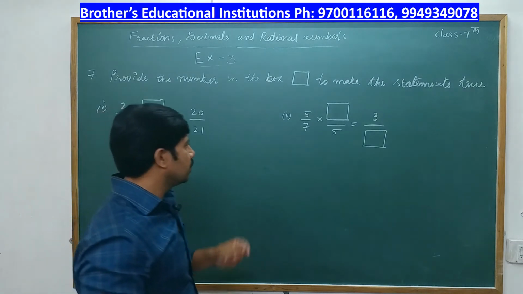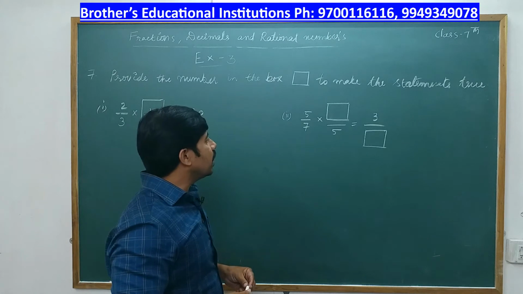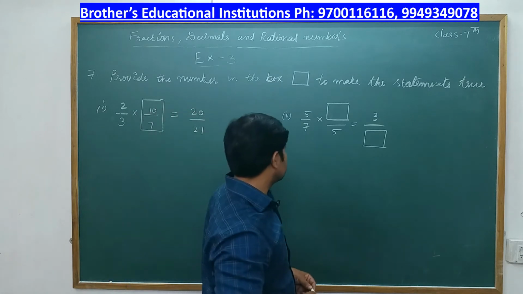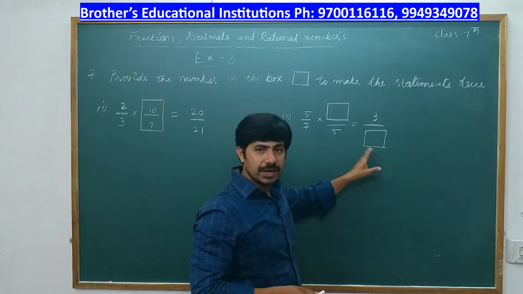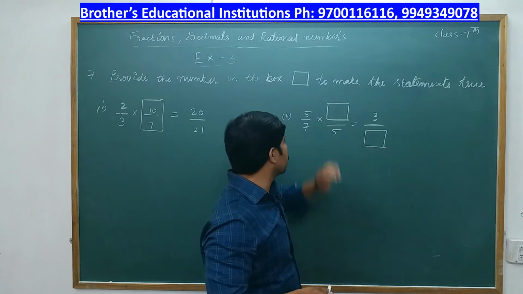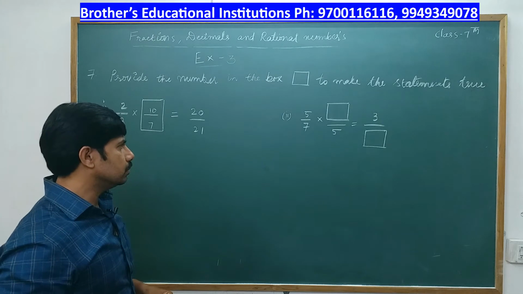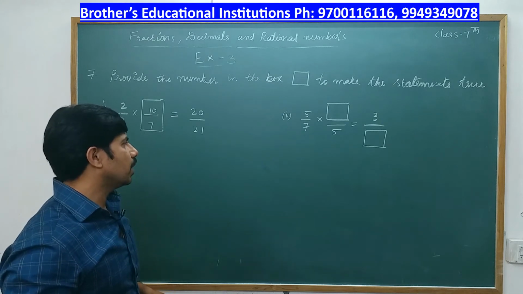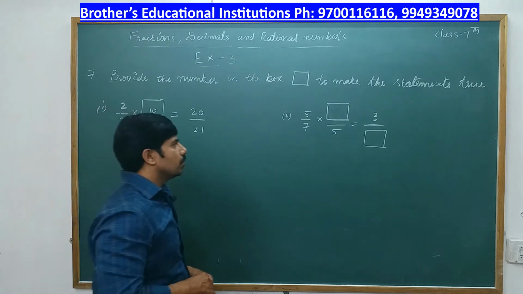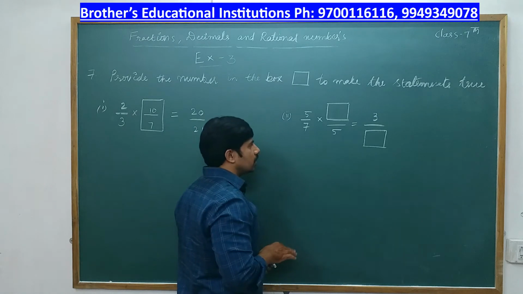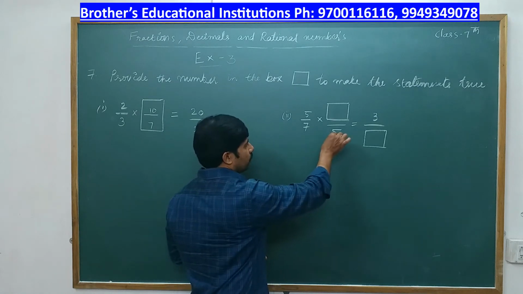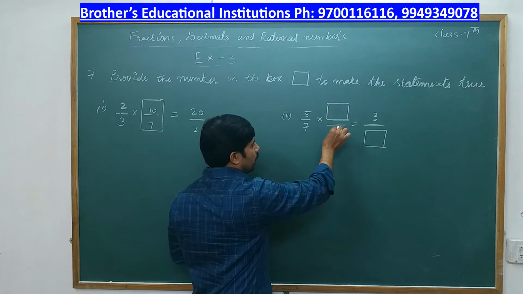In this one, see, we have two different boxes. One is with the product, other one is with the result. This is a result and this is a product one. Okay, so here we have 3, and so what we can do is, whenever we have 5 and 5 in numerator and denominator, you can eliminate.